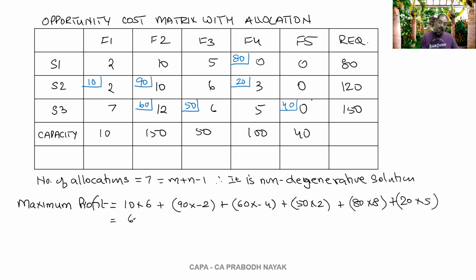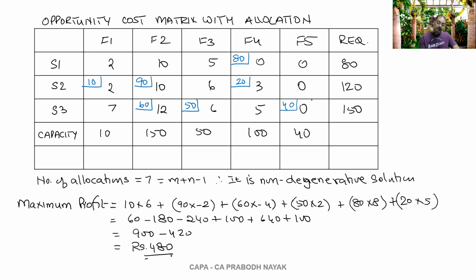Evaluate now: 60 minus 180 minus 240 plus 100, 8 8s are 64, 640 plus 100, 640 and 60 is 700, 800, 900. 900 minus 420.